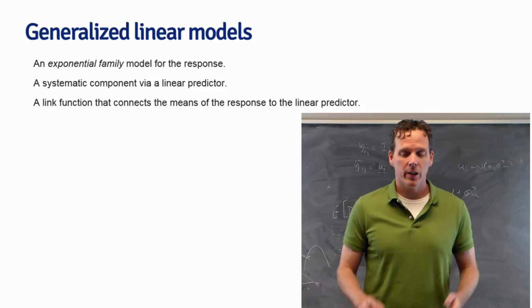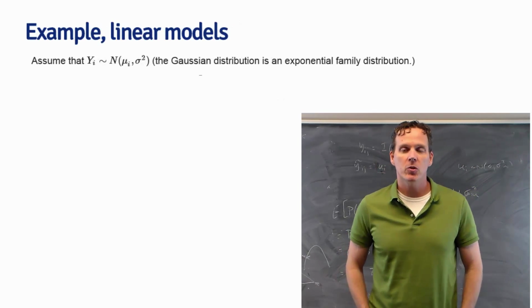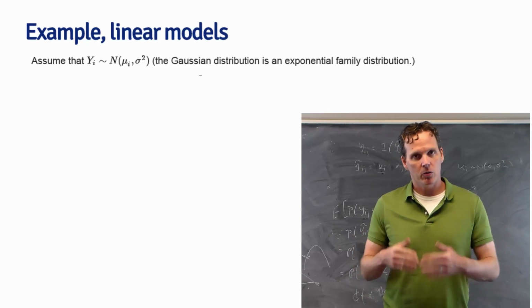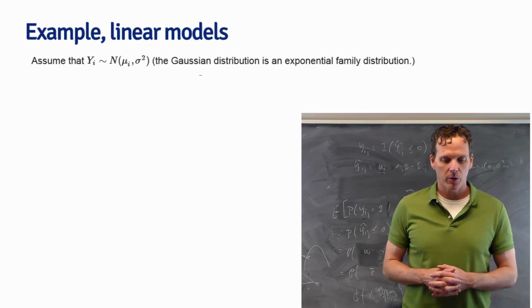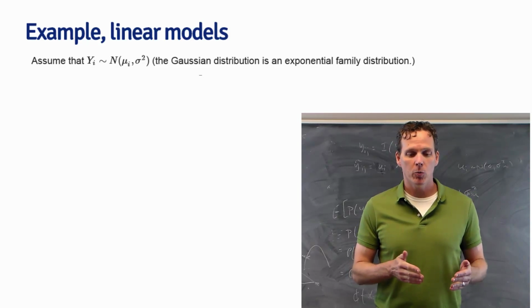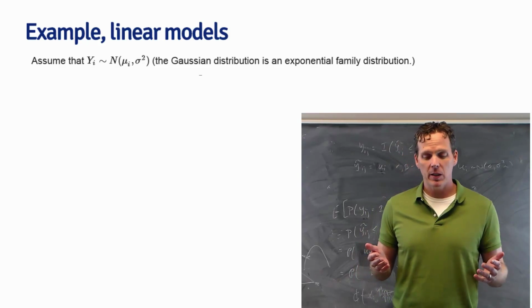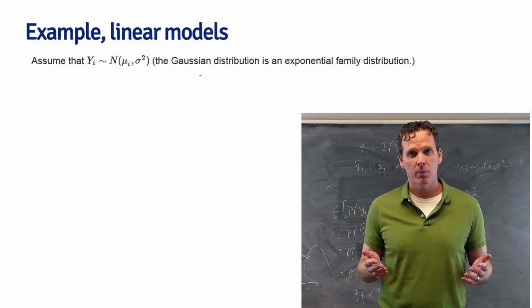Okay, so let's try an example. We'll go to our most familiar example, which is linear models, the subject that we've been covering the entire class up to this point. So in this case, we're assuming that our y is normal with a mean mu_i and variance sigma squared, and this happens to be an exponential family distribution.